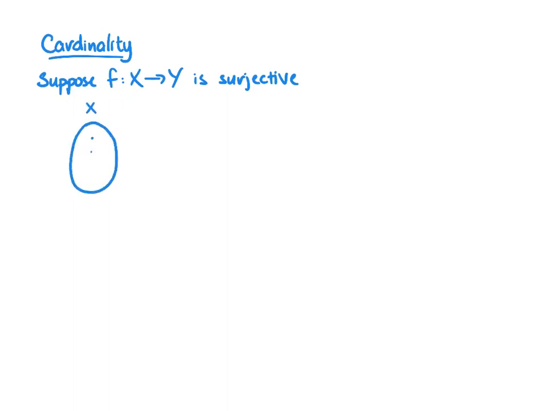Okay, so let's say I have a surjective function from one set x to another set y. So this could look like the following. Right, maybe it's something like this.